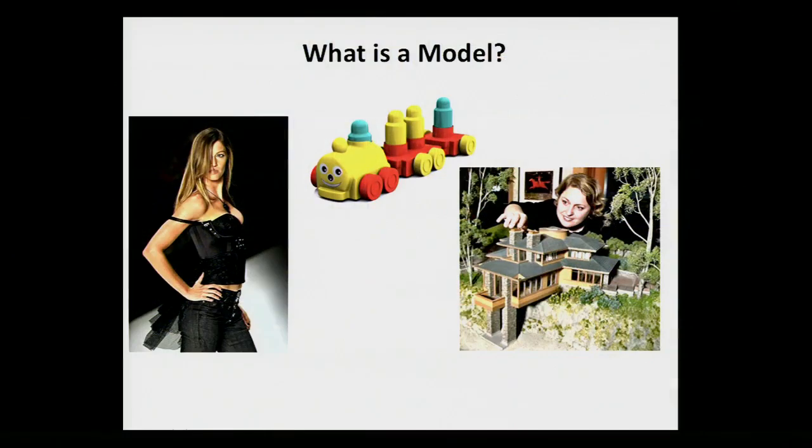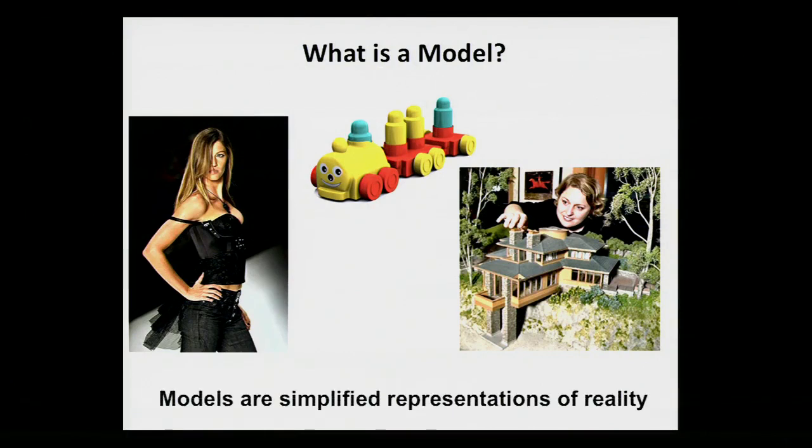A model can be a little train that a kid will use to play. A model can be an architect's model. What all these models have in common is that they are simplified representations of reality. And that's exactly what we are proposing to do with stem cells. We want to use stem cells as a simplified model of autism.